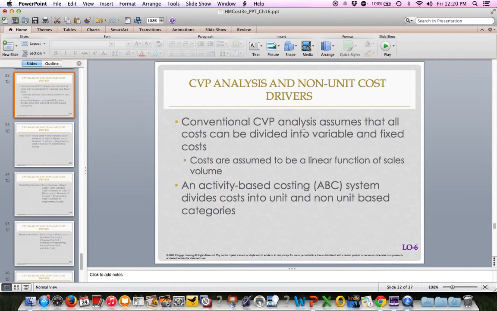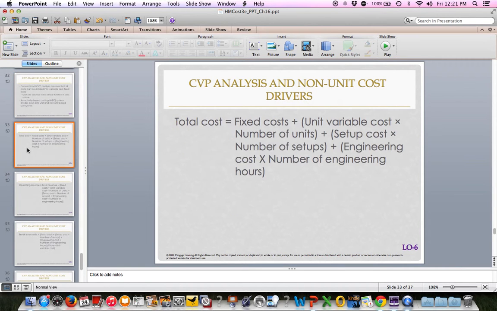An activity-based system divides costs into unit and non-unit based categories. And we also assume in CVP that all costs are a linear function of sales. I just want you to be aware of this, and I don't believe I have any number crunching based on this. It was more that I just wanted you to be aware of it.